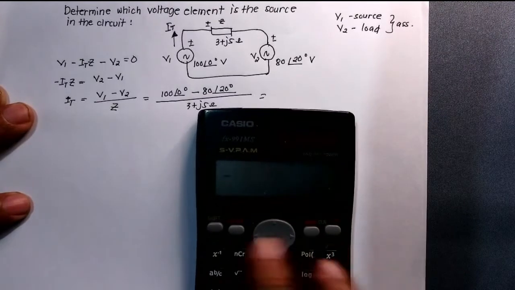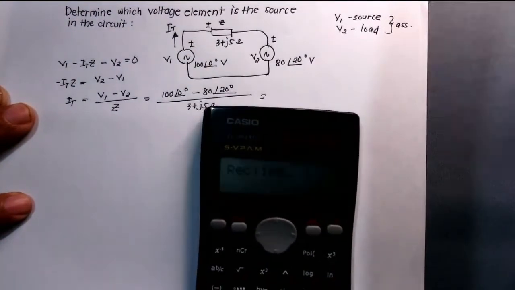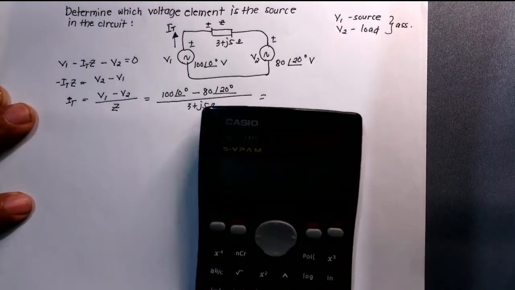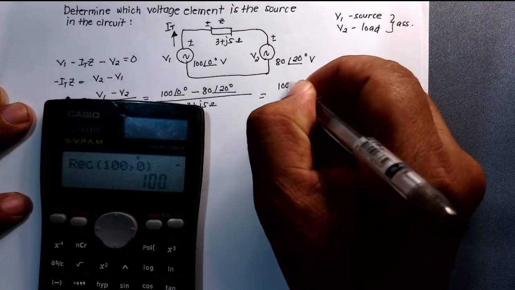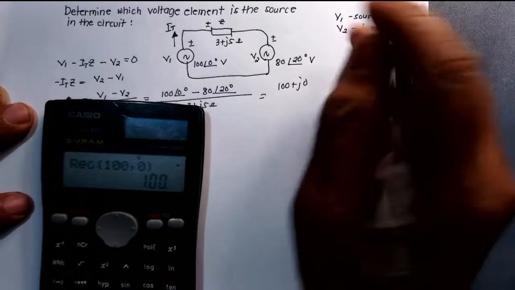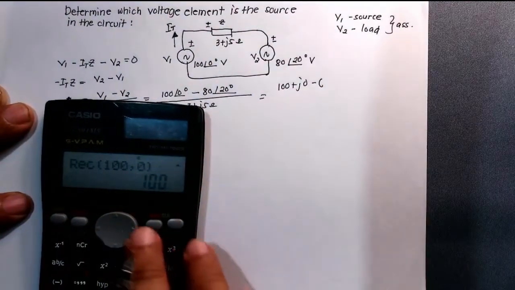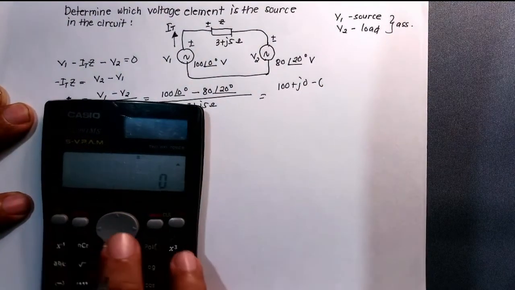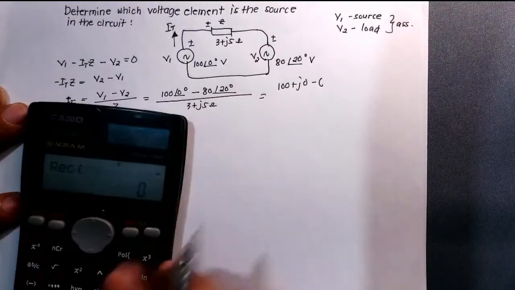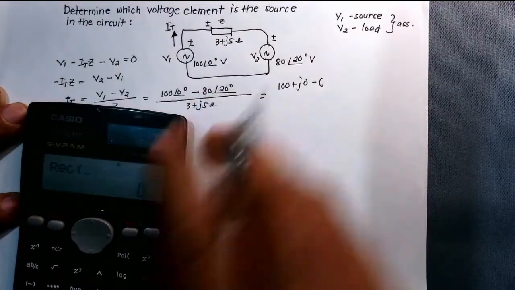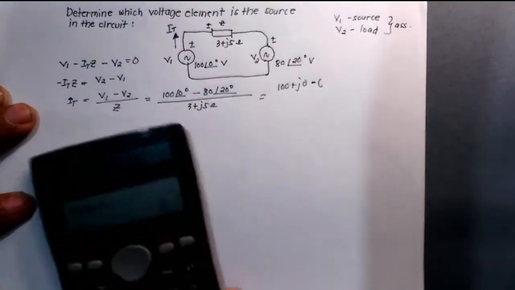So this one, 100 cis of 0 degrees, will be changed to rectangular. So that is actually 100 plus J sub 0. And for the other term, that will also be changed to rectangular. So I'll take the positive of 80 and I'll put here negative 1, so I'll introduce an open parenthesis.